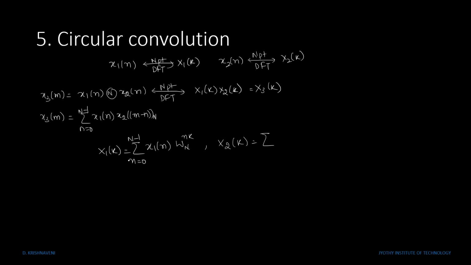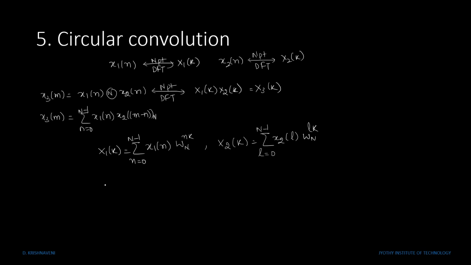I have already taken the variable n here, so let me take the variable l. So l is equal to 0 to n minus 1 x2 of l wn to the power of lk.